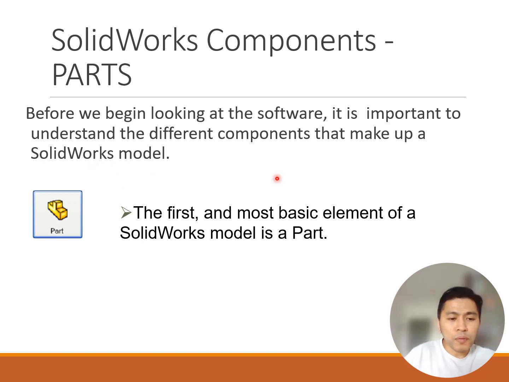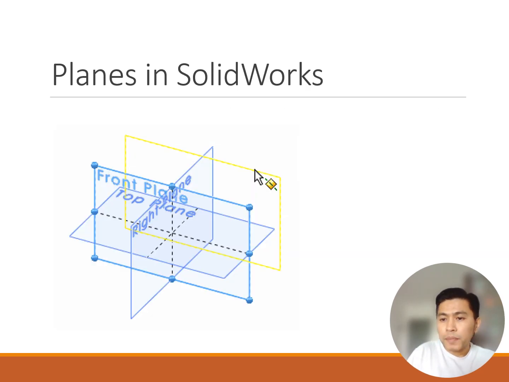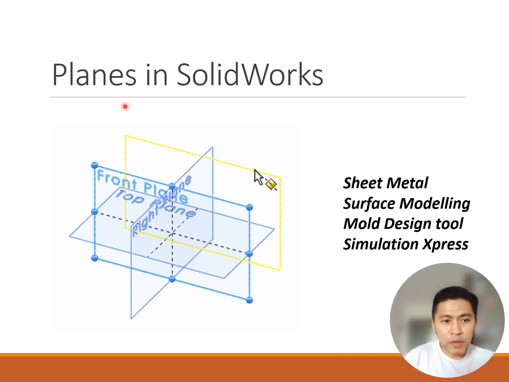The most important thing that we need to understand is that the first and most basic element of a SolidWorks model is a part. Here we have three planes in SolidWorks: a front plane, a right plane, and a top plane. We need to select a sketching plane to create a sketch for the base feature, and we have these three default planes.